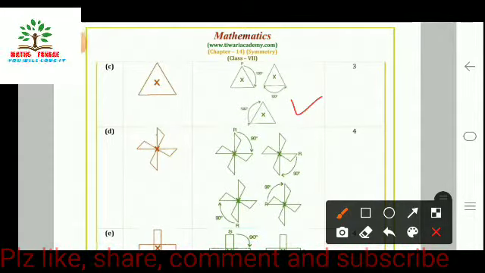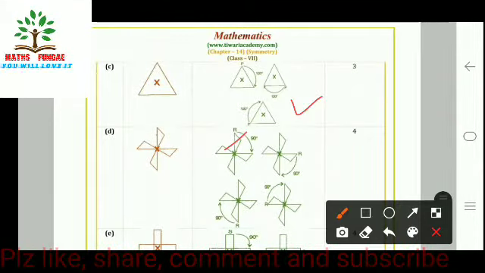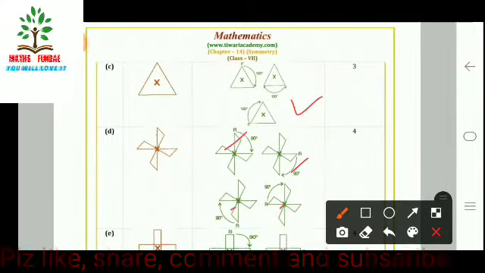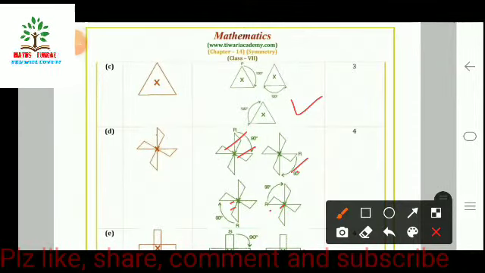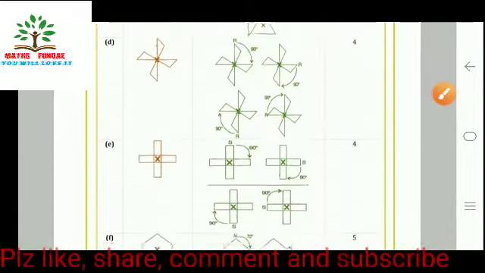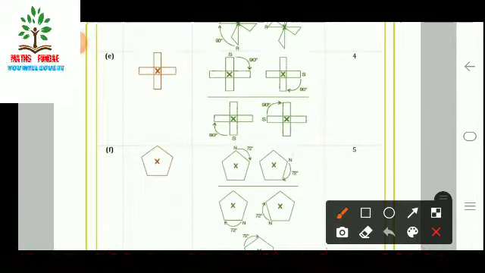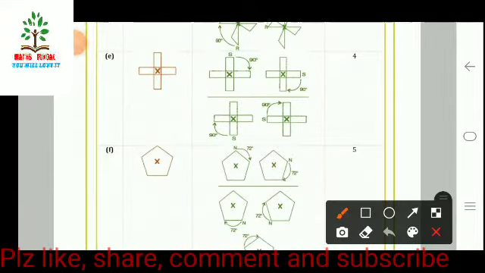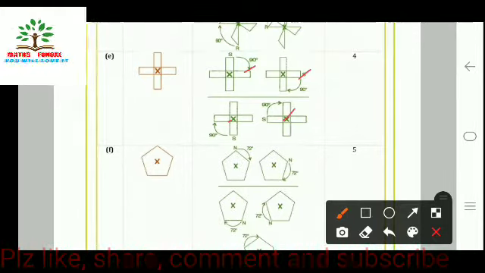In this again 90 degrees, then again 90, again 90, again 90, meaning 90, 180, 270, 360. So four times we are getting the same figure on rotating, so its order of symmetry is 4. Then in part E, in this figure, if we rotate by 90, then again 90, 90, 90, we'll get the same figure.